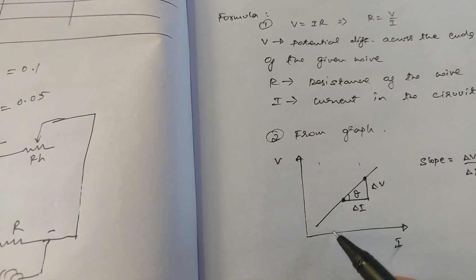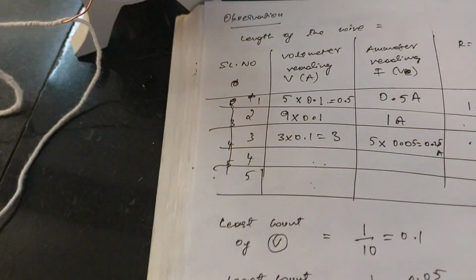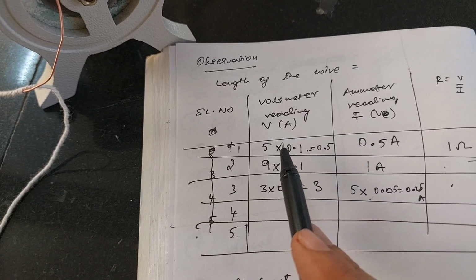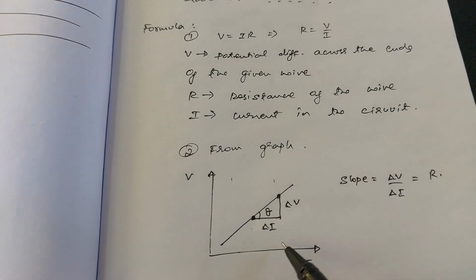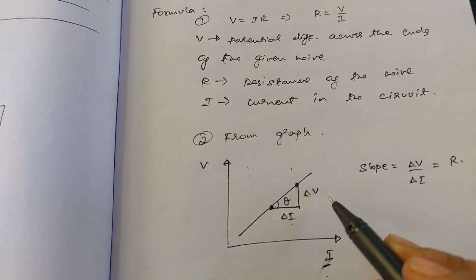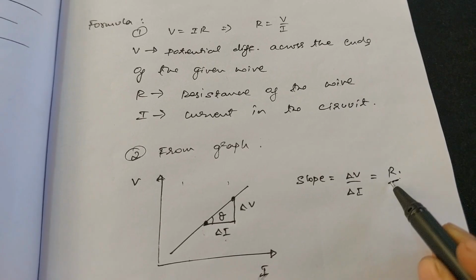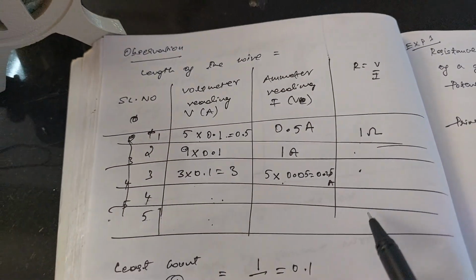V goes on the y-axis and current on the x-axis. So those values are already here. When you plot that, you will get a straight line. When you calculate the slope of the graph, you should get R, and that R should be about 1 ohm, or whatever average you get here.